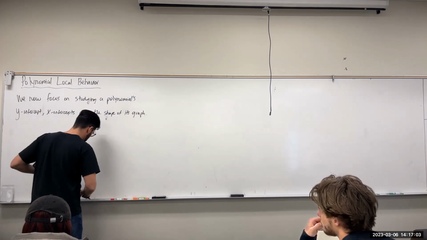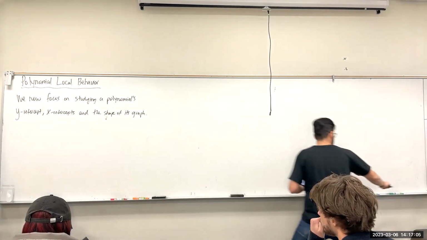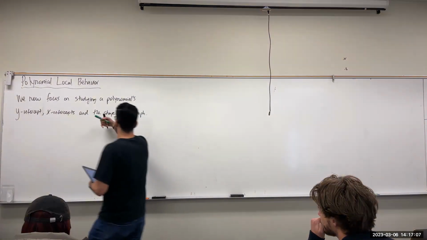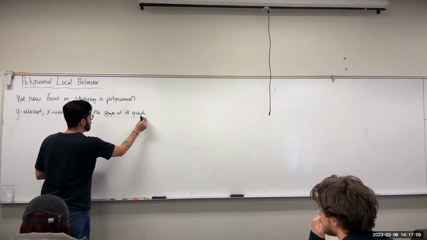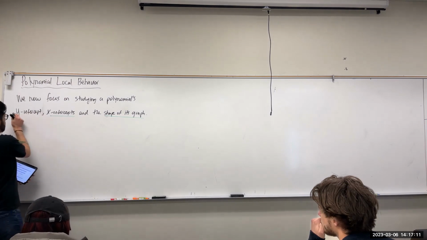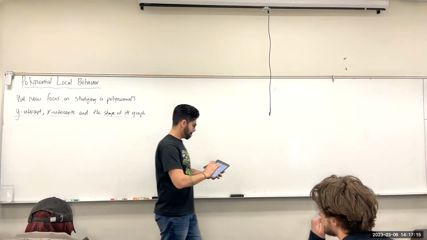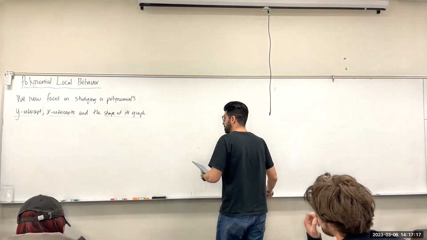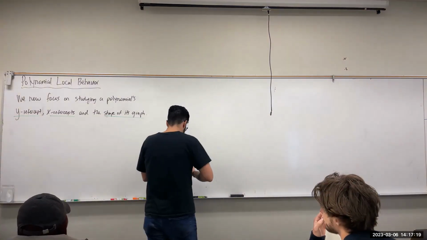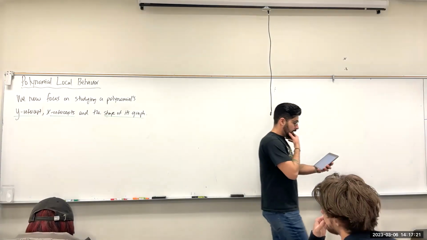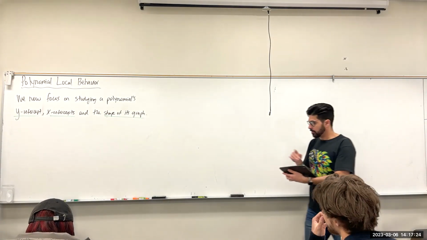Those are the 3 things we're going to focus on. So when you hear that local behavior term, it's talking about these things here. Let me make sure I leave a lot of room for this stuff. All right, I think that's fine.